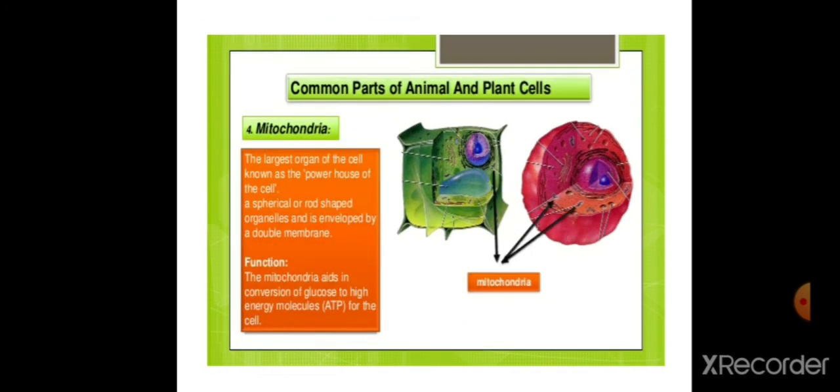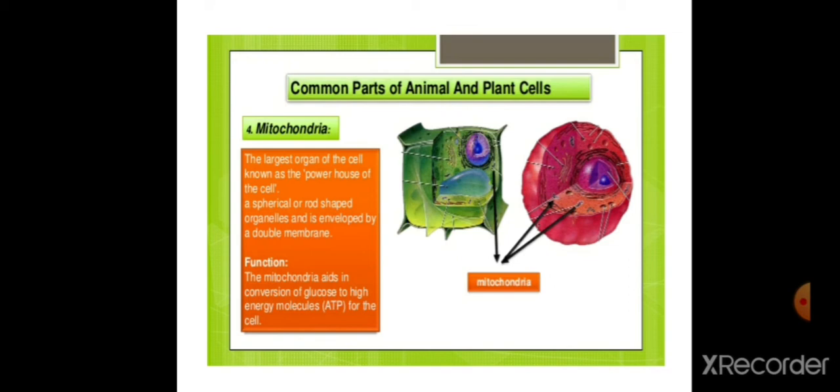Another important organelle that we are going to study is the mitochondria. Mitochondria is again present both in plant and in animal cell. Now, mitochondria is the largest organelle of the cell, and it is also known as the powerhouse of the cell.